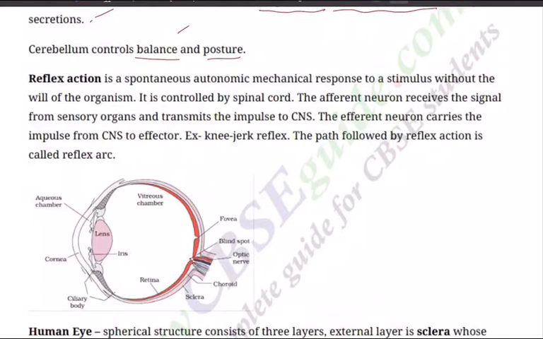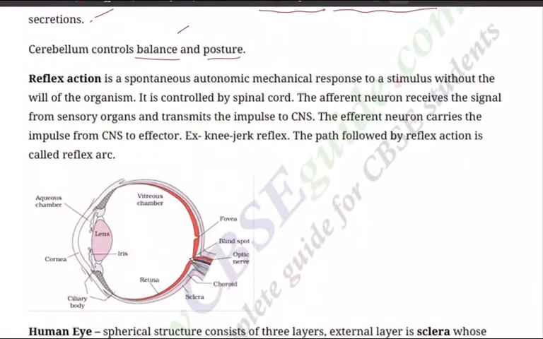So far, we were talking about the nervous system. What is the functional unit of the nervous system? That is the neuron, parts of neuron, significance of synapse, how synapse will be formed.